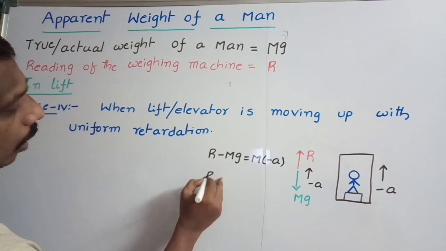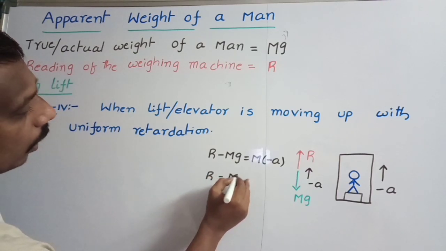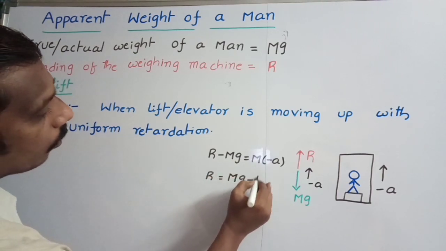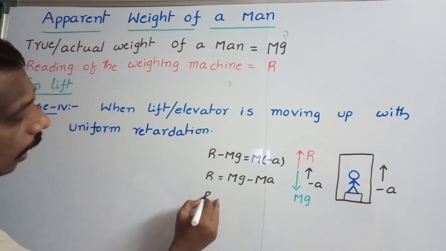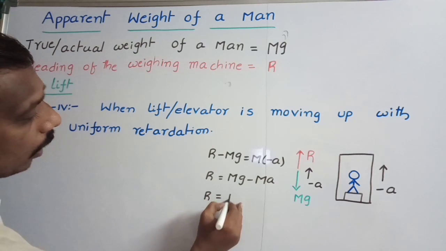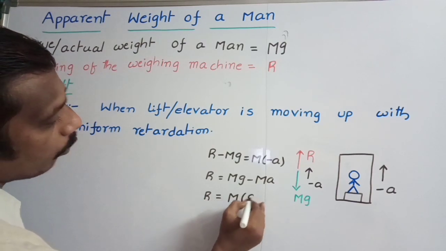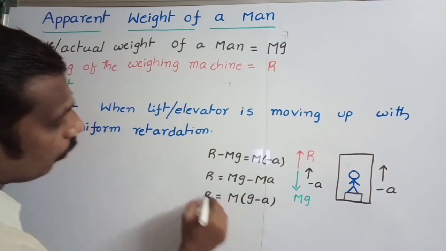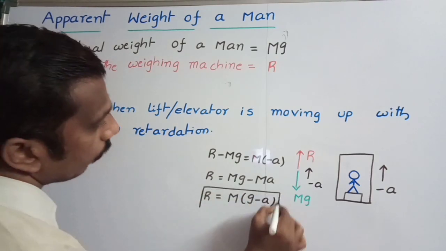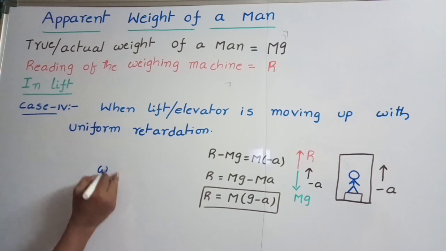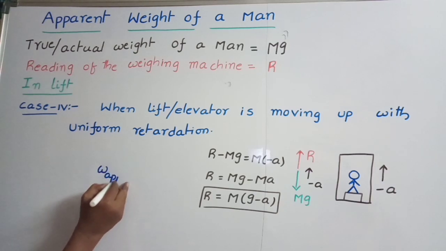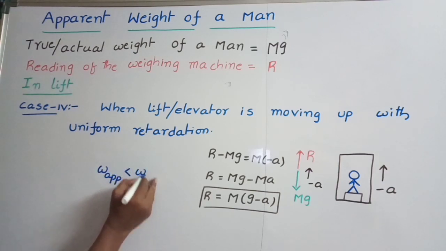The reading given by the machine is R is equal to mg minus ma. Here we are subtracting some term. That means the apparent weight is less than the true weight. We can write m into (g minus a). In this case, the person feels lighter. So W apparent is less than W real.